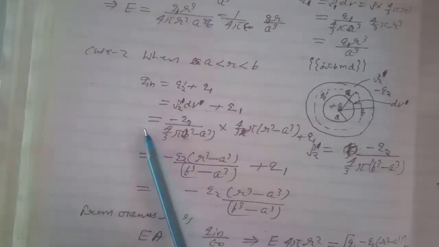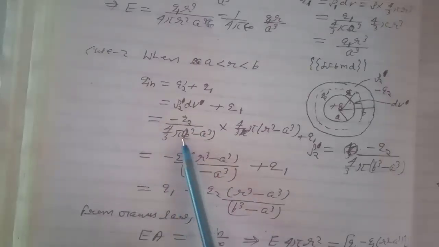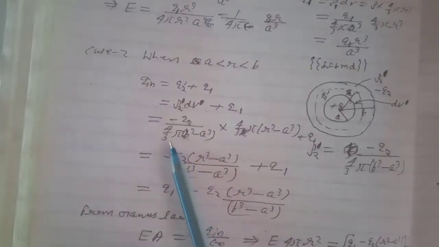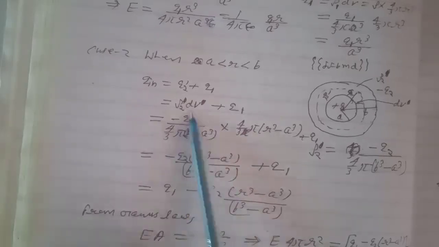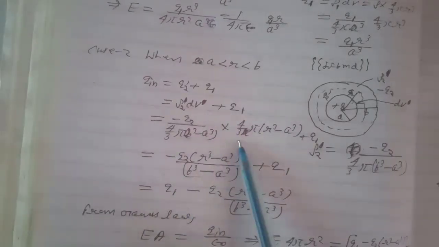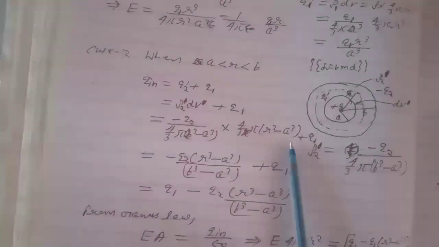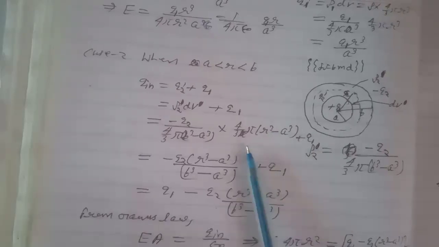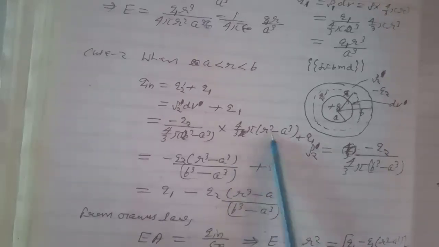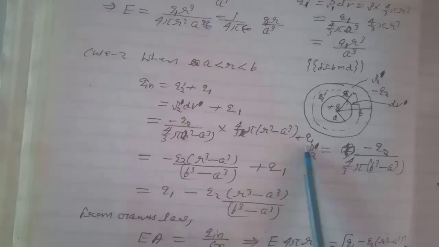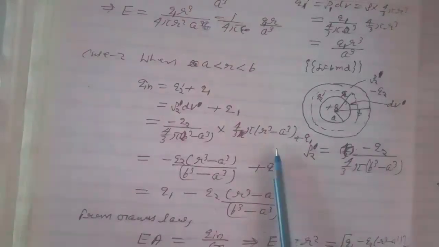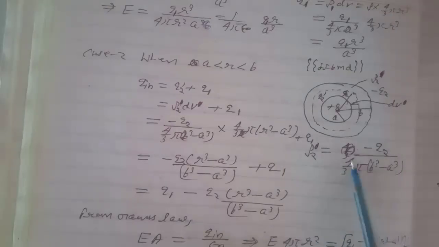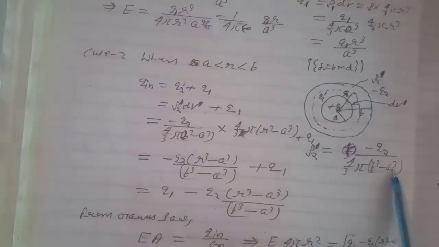So it will be equal to minus q2 by 4 by 3 pi (b cube minus a cube), this is the value of rho 2, into the Gaussian volume 4 by 3 pi (r cube minus a cube), plus q1, because rho 2 is equal to minus q2 by 4 by 3 pi (b cube minus a cube).